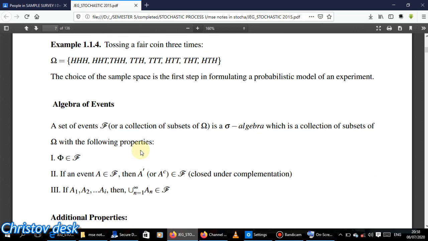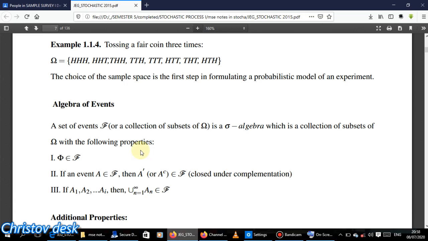Now, algebra of events. A set of events F, or a collection of subsets of omega, is a sigma algebra, which is a collection of subsets with the following properties. Now when you know your omega, which is your sample space, it contains elements, so you try to pick some subsets.